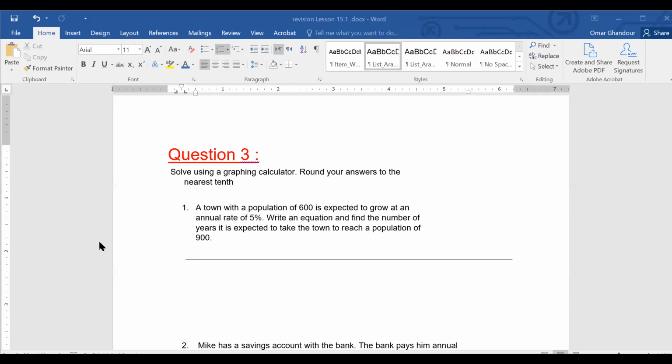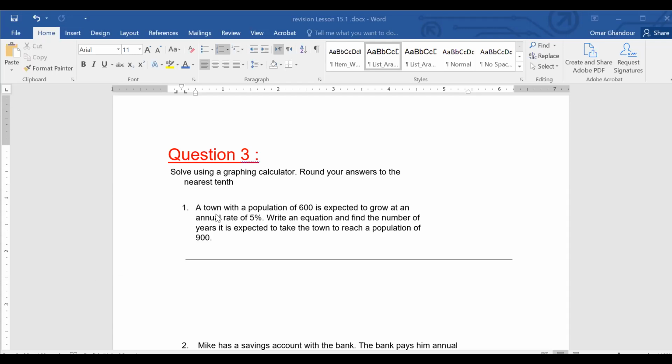And then instead of solving using graphing, which we did in the first part of the lesson, in which you will put two equations and then make a table and then draw a horizontal line and find the solution, everything is going to be done using the graphing calculator. And already I showed you how to do it before, but I'm going to do it again with you in the revision, and I'm going to assign the graphing calculator for you to do to practice on it.